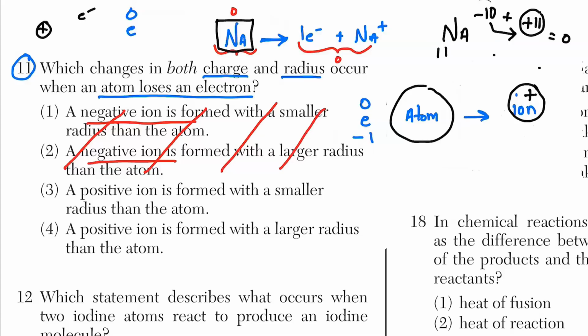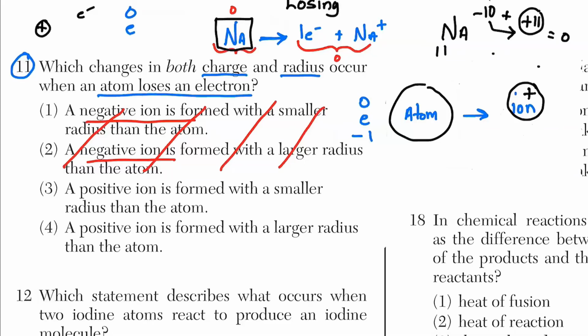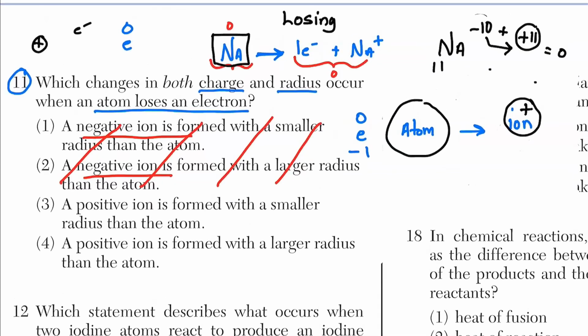If you don't like this, as a lot of students don't, here's the best way to remember this. I am losing electrons. Think about losing electrons like losing weight. When you lose weight, you get what? Smaller! So we're losing electrons, so the resulting ion is smaller than its atom.